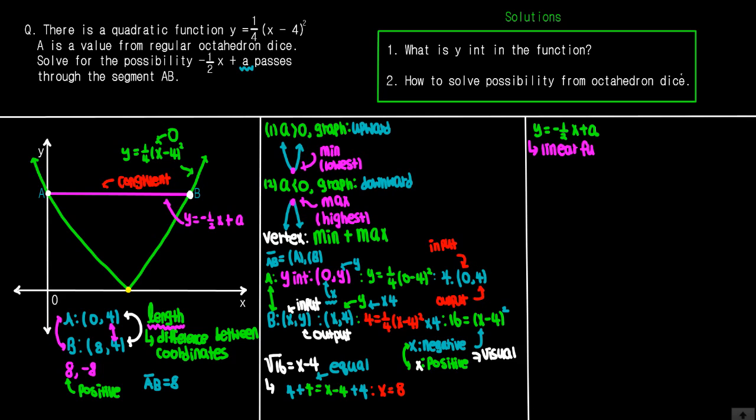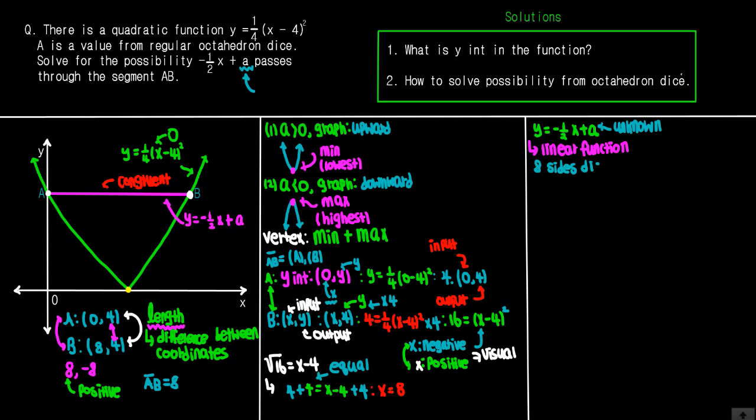And we can see that this function is a linear function, which means a function that has the first power degree term of our variable, in this case x. In this case, we are trying to find the value of a, which is the unknown variable. The one clue they gave us is that the a value comes from a regular octahedron die. A regular octahedron die is an 8-sided die.